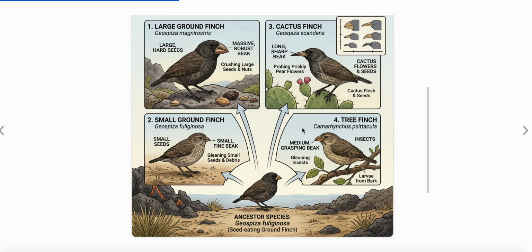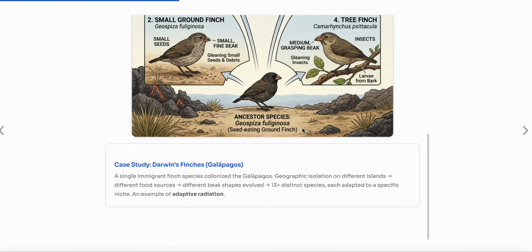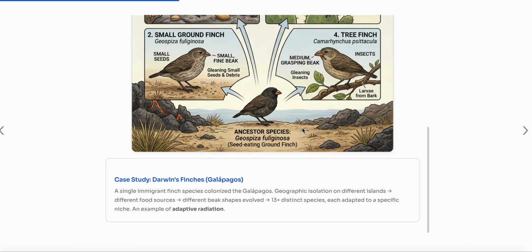Now how did this evolution happen? It is because there was geographical isolation, and that geographical isolation resulted in different food sources, and because of the different food sources they evolved different beak shapes, and that's why we had 13 plus distinct species, each adapted to a specific niche.